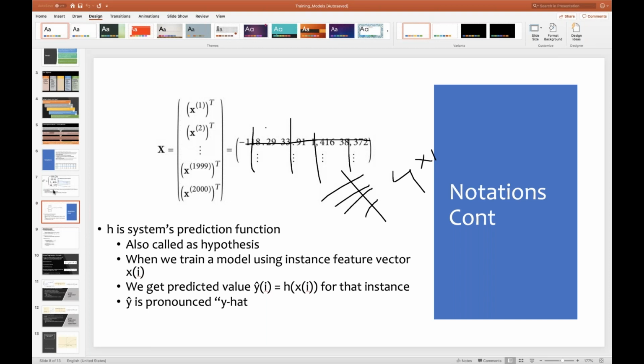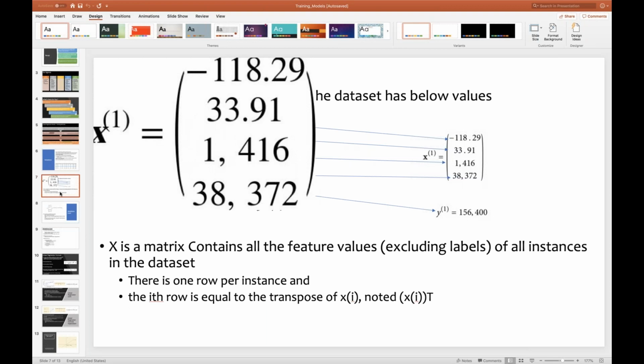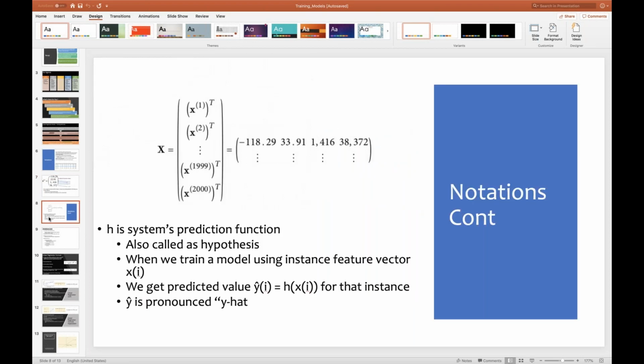X is nothing but the transpose of x of i. When I say transpose of x of i, every time you are trying to work on n number of instances, that is equal to transpose of x of i. That's all you need to understand.